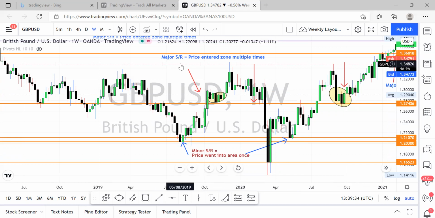Whereas where you look at major support resistance, price is going from down to the top, and it's not trying to get out from that zone, so it's stuck. It's trying to go below, but it's being kept within that zone. So there's a lot of pressure from either the buy side or the sell side to stop it from going further down or further up.